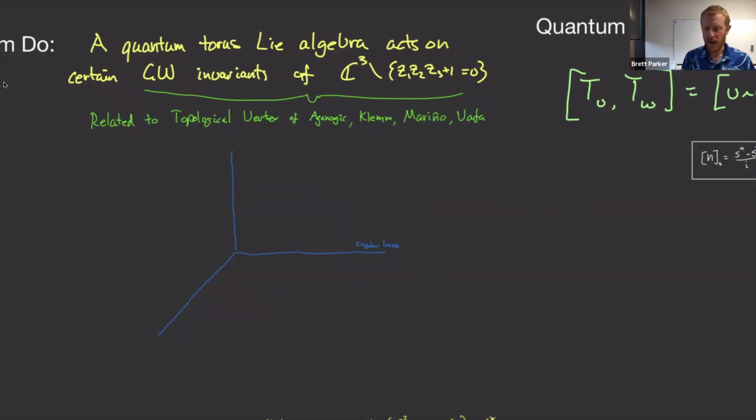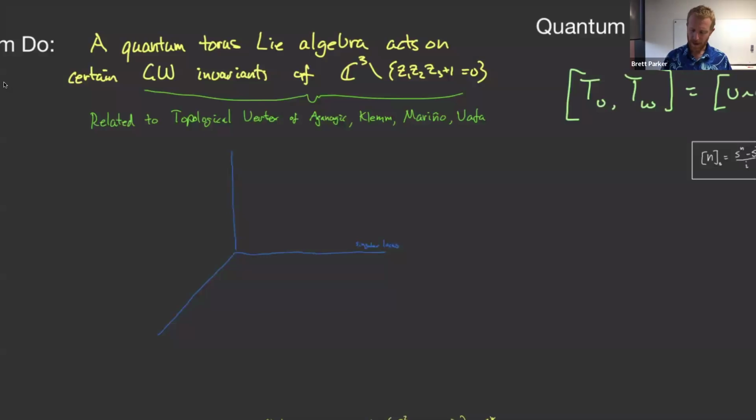That also has a singular Lagrangian torus fibration, except now it's got a singular locus, which is over these three lines that I'm drawing here.